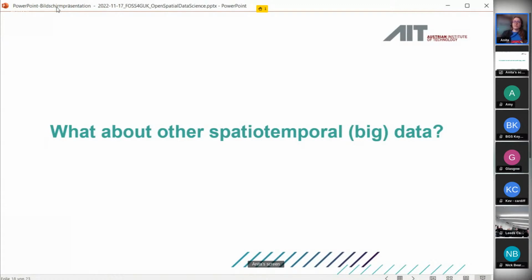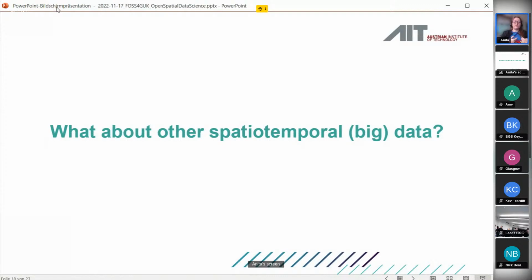Also, there may be data sets where the designers of the platform are not completely familiar with all the details, because in Copernicus data, of course, the sensors and the characteristics are known. The designers of the platform knew about all those things. They could take it all into account.